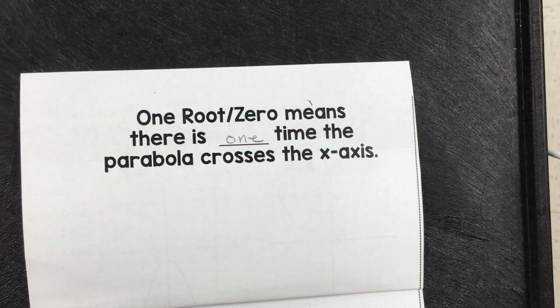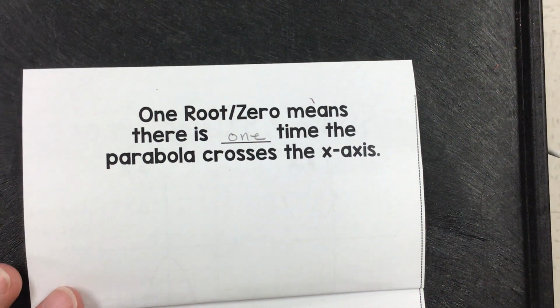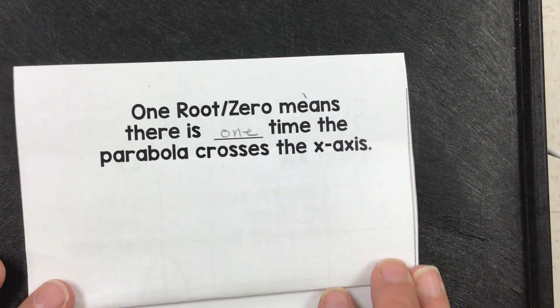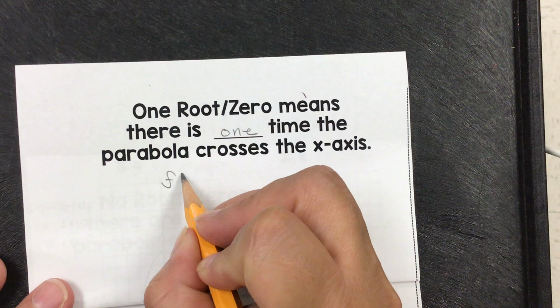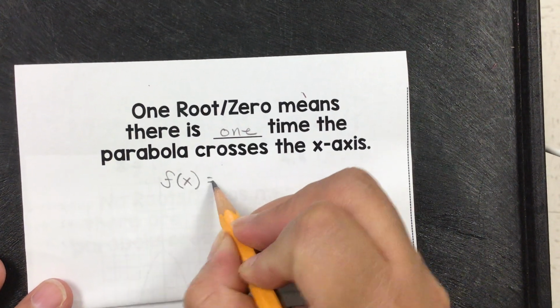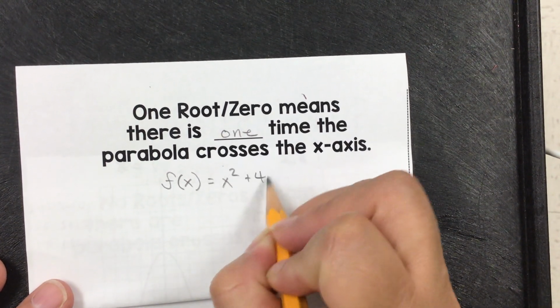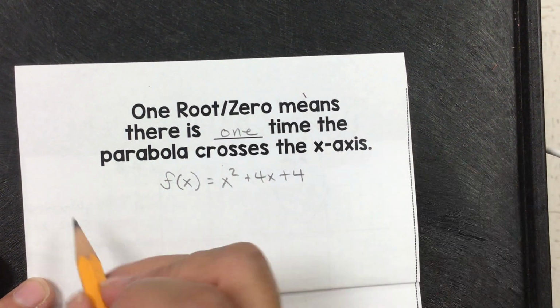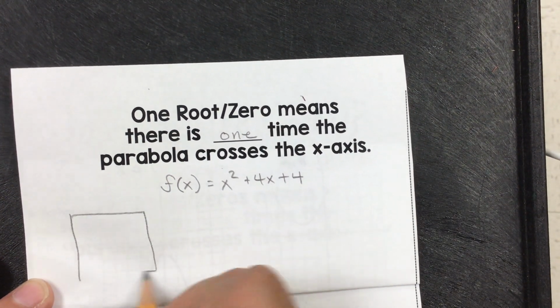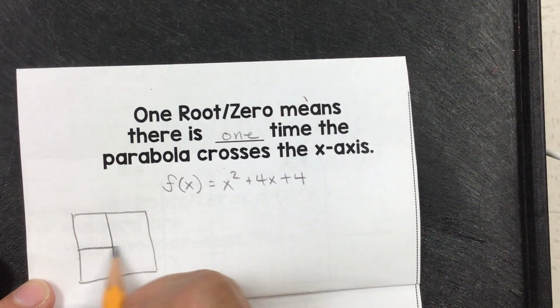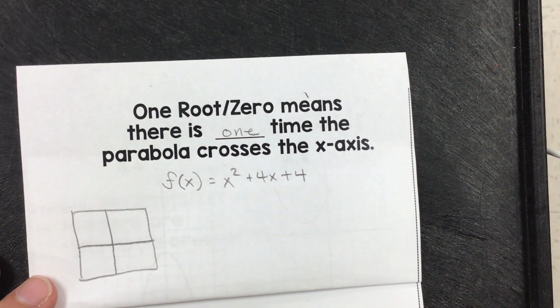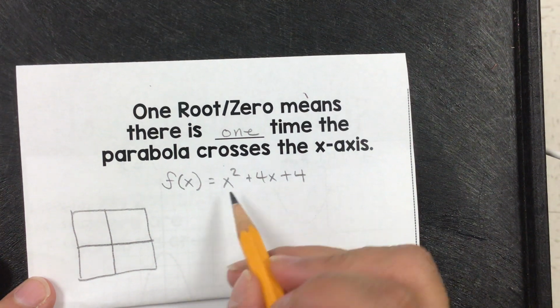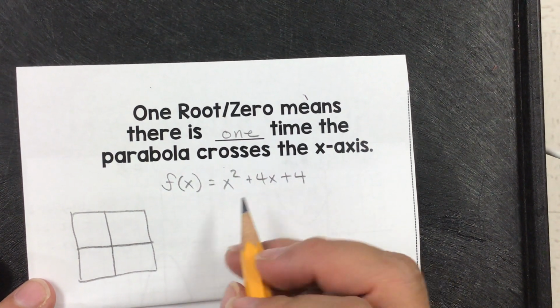On last time's video, I also made a little sad face because I didn't want to go over factoring with you, but I'm going to remind you today. Let's assume that you have the function f of x is equal to x squared plus 4x plus 4. And I'm going to factor. This is one way to solve for the solutions to this problem because you're actually solving an equation.